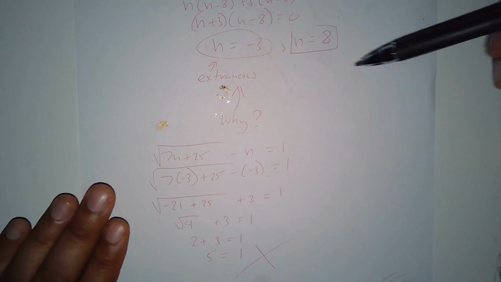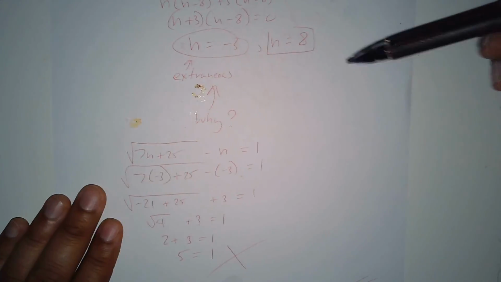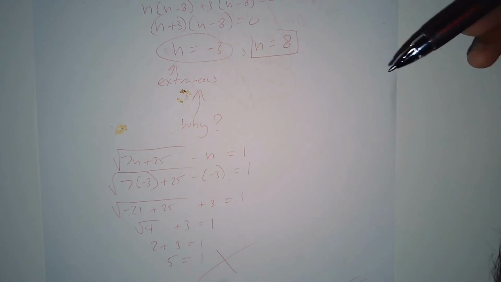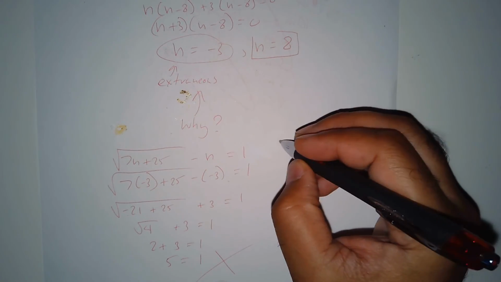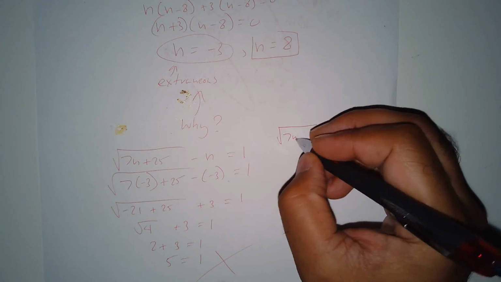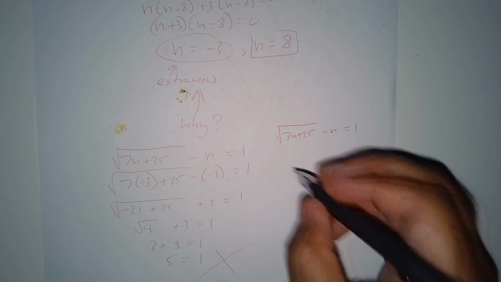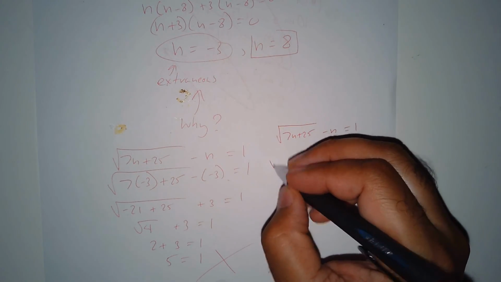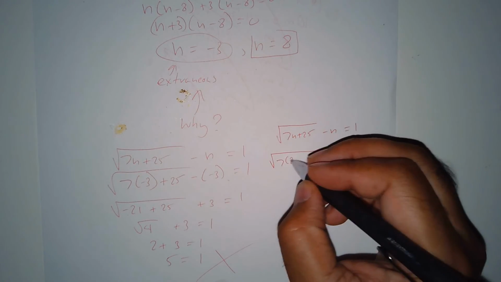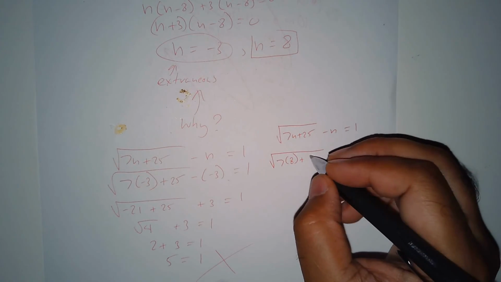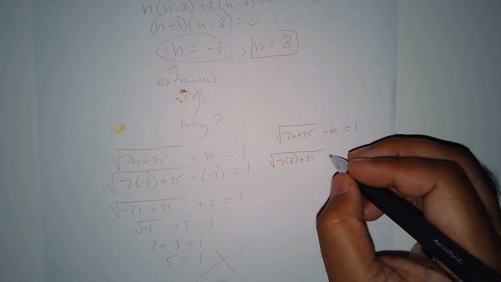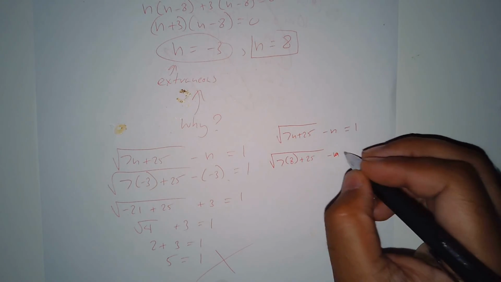And just for comparison purposes, let's put the n equals 8 in there. So same thing, let's write down the square root of 7n plus 25. Okay, so put in the 8. Oops, that should be minus 8.